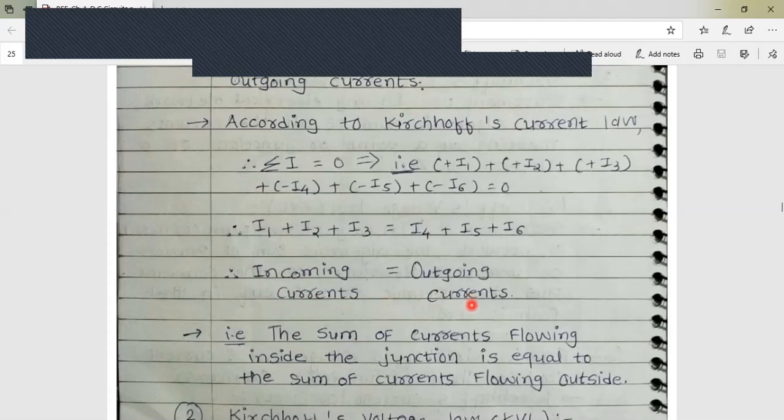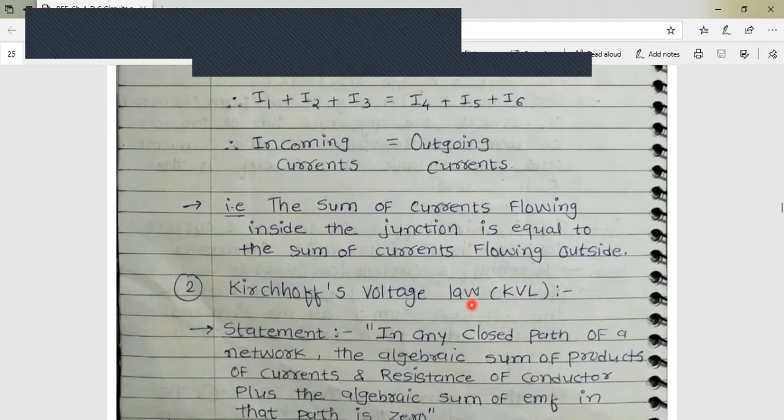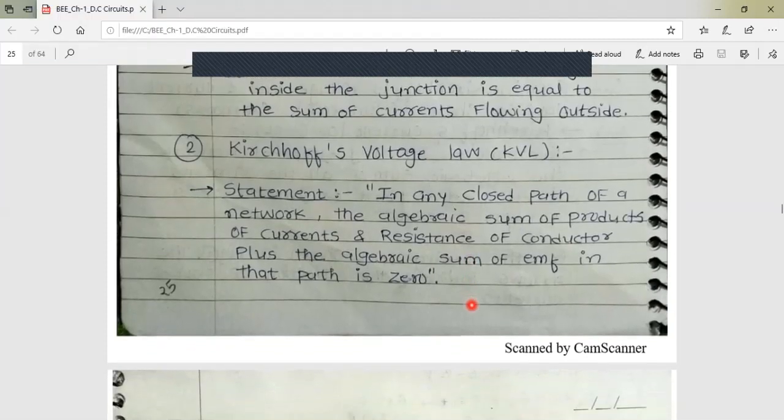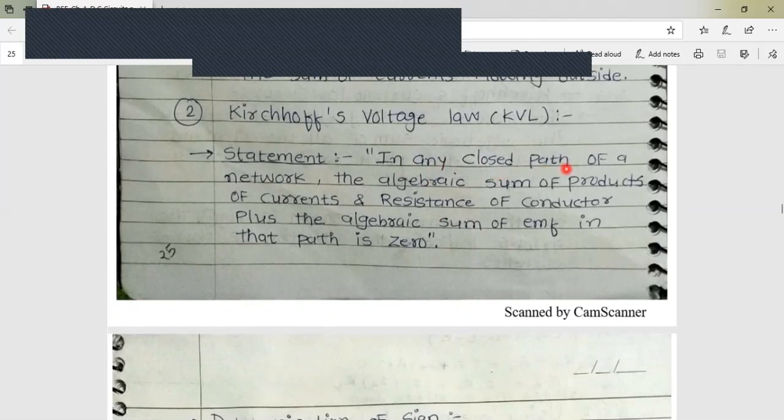Now, we will discuss Kirchhoff's voltage law. This is the statement: in any closed path of a network, the algebraic sum of products of currents and resistances plus the algebraic sum of EMF or voltages in that path is equal to 0.